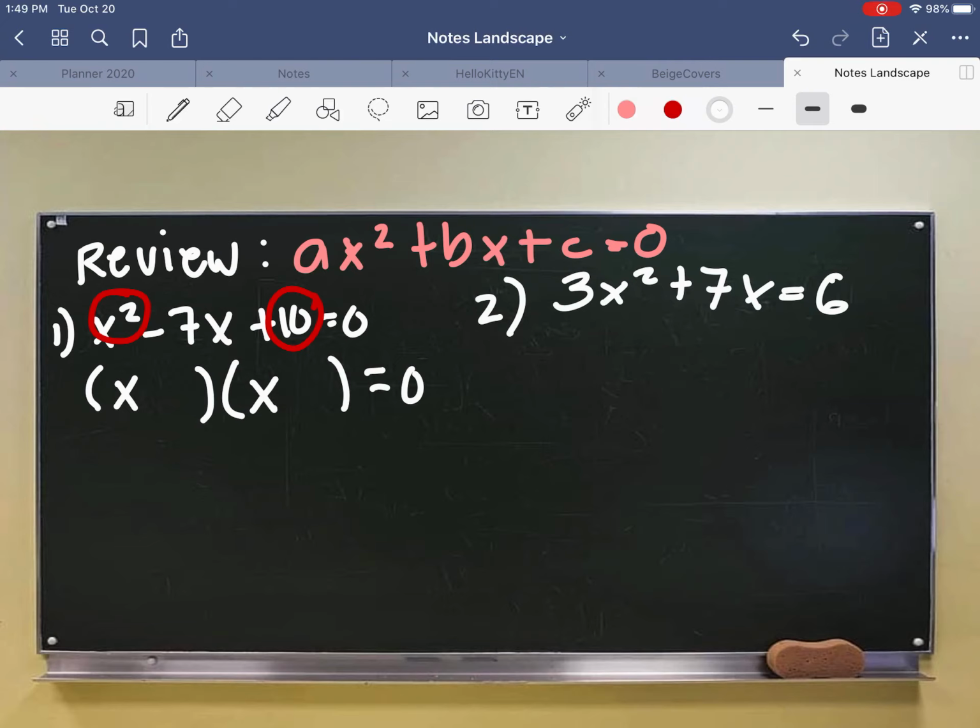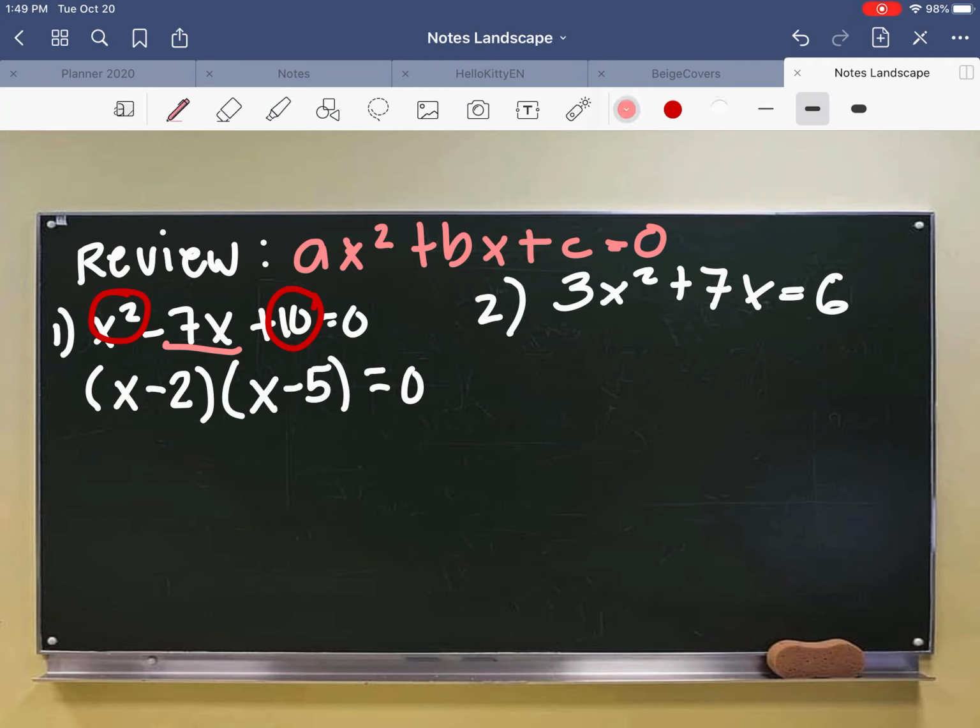Since negative 7x yung nasa gitna natin, alam natin na 2 and 5. Since negative 7x yung gitna, so we get negative 2, negative 5.